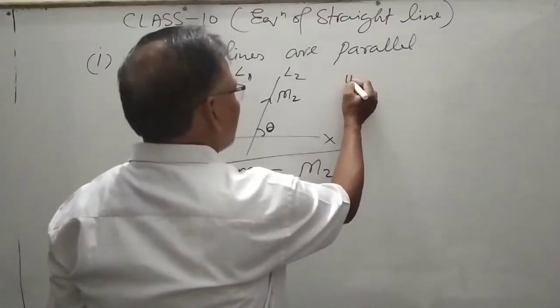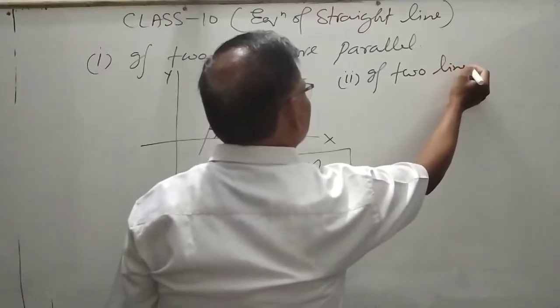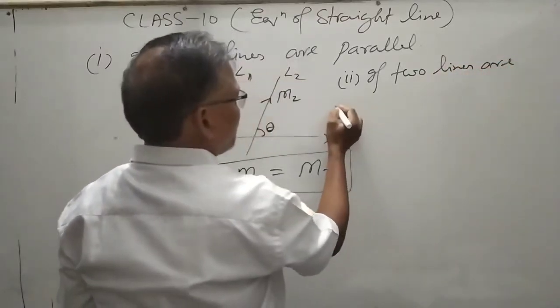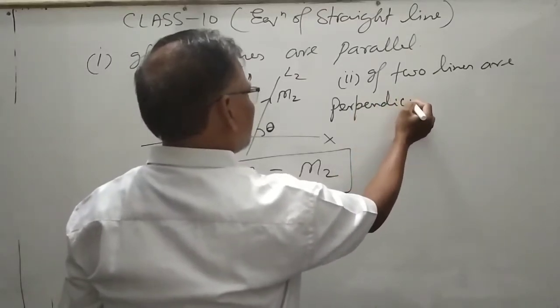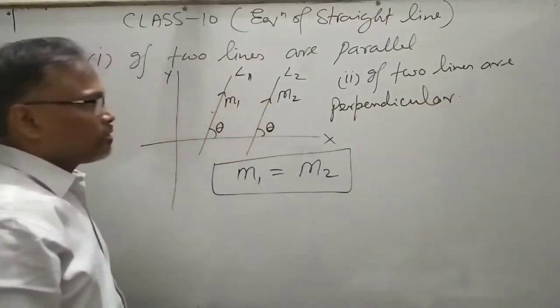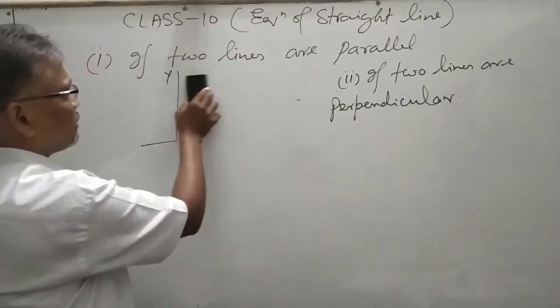Second case: if two lines are perpendicular, then what condition will we have?